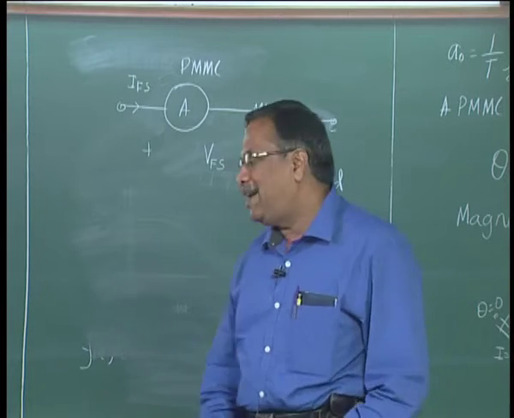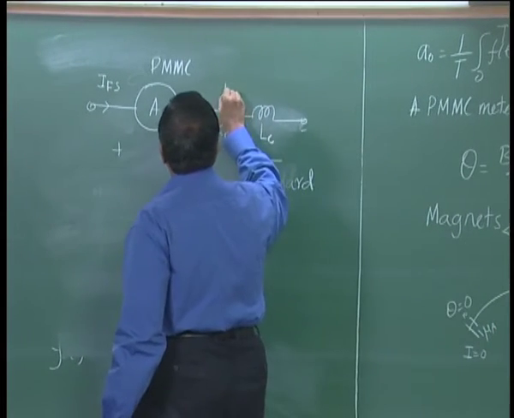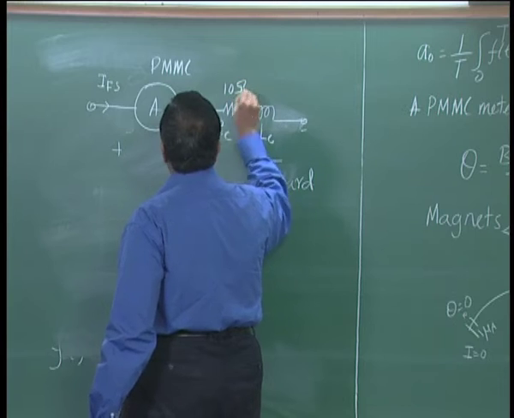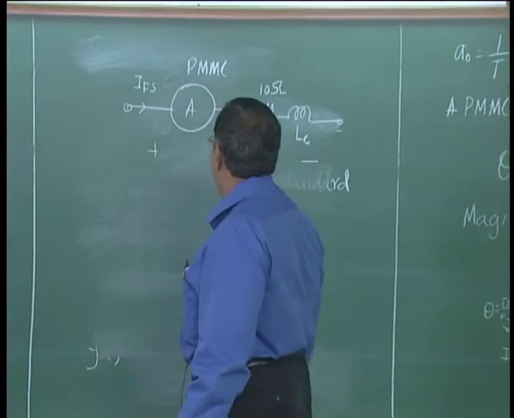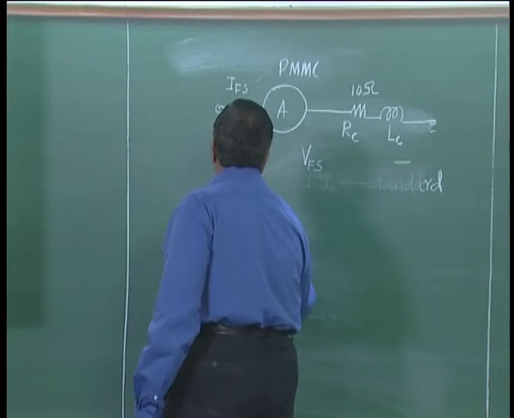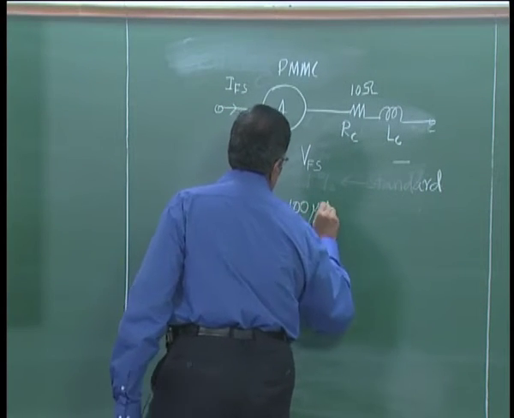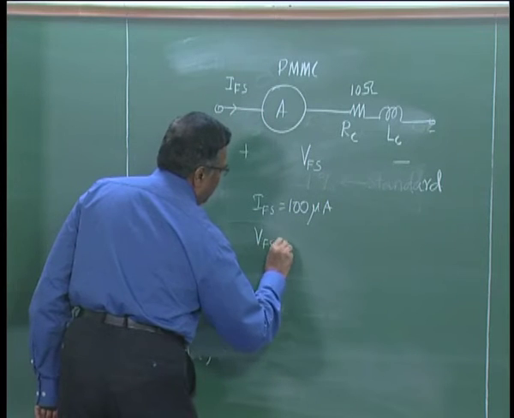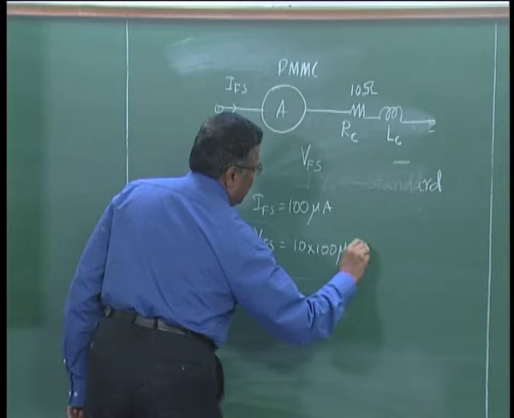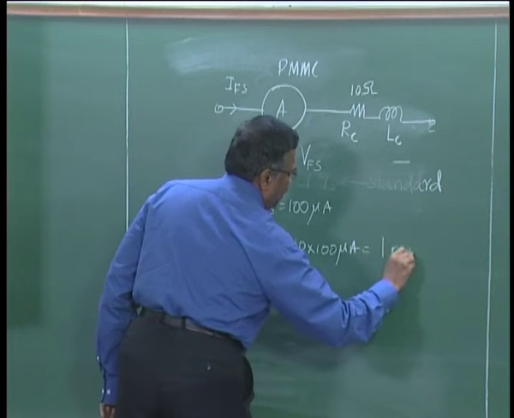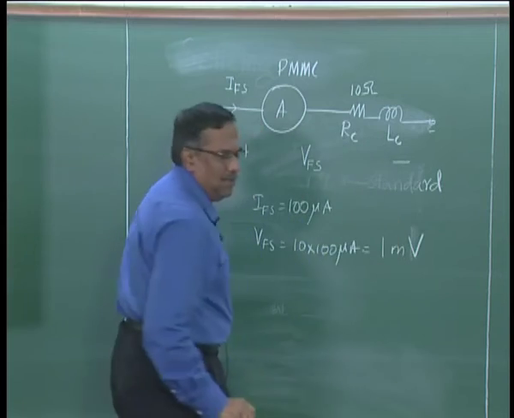Okay. For example, in this particular case, the resistance of the coil is, let us say, 10 ohms, and 100 microampere is my full scale. So I full scale is 100 microamperes, and V full scale would be 10 into 100 microamperes, which is 1 millivolt, right.